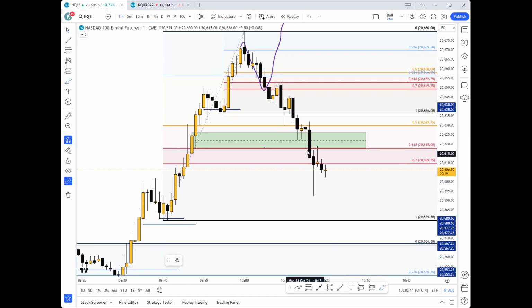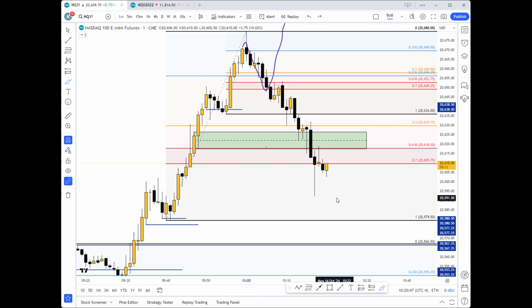Yeah, I don't like this failure here without an imbalance here. I took a trade on this just expecting climactic action to yield some covering.